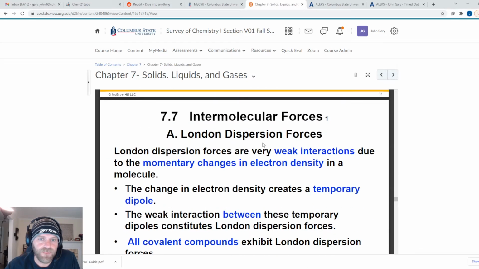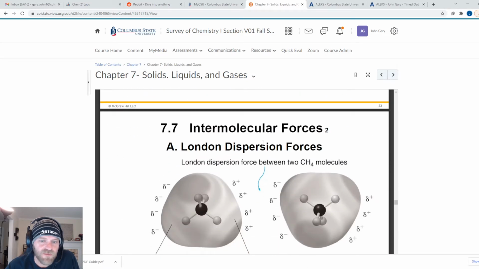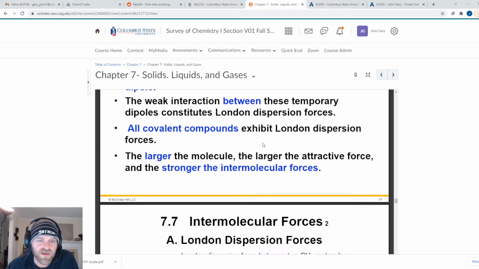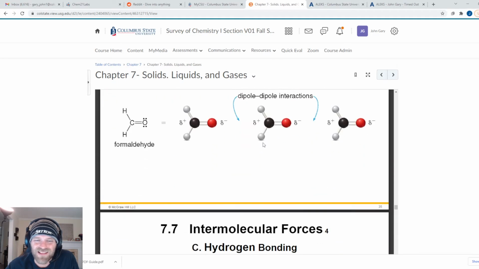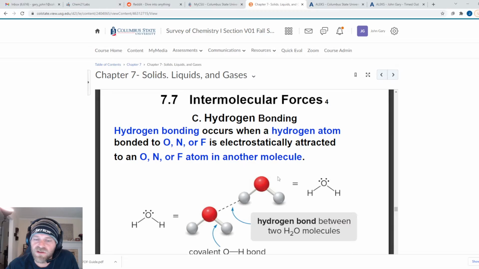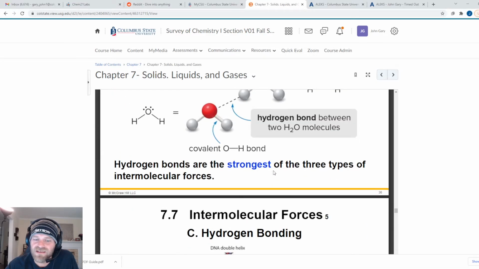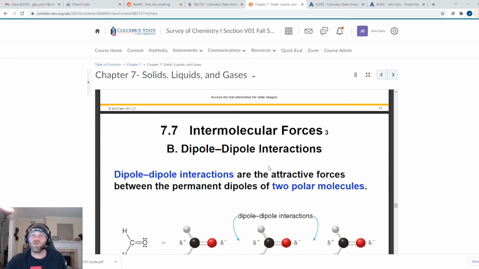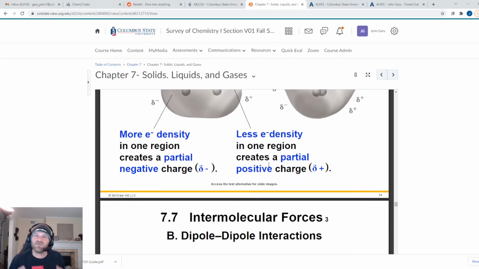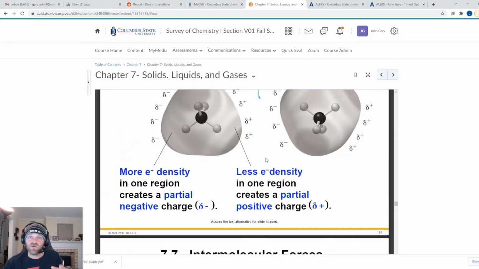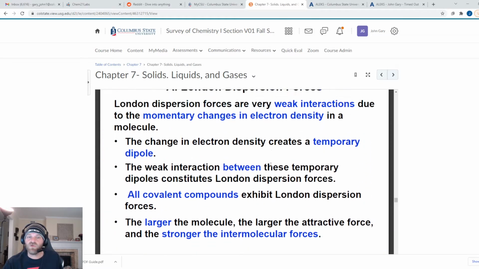All right. So we are going to talk about these intermolecular forces just a little bit. We have seen this before, when we were talking about melting points earlier in the semester. Different things can create molecules having lower or higher boiling points, and a lot of that has to do with these intermolecular forces.